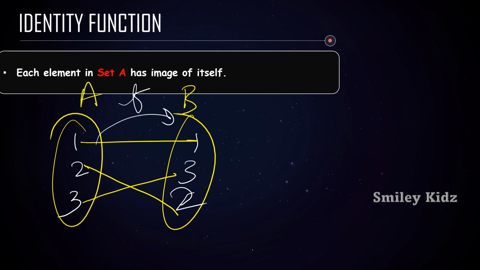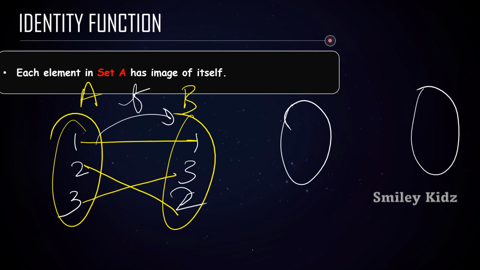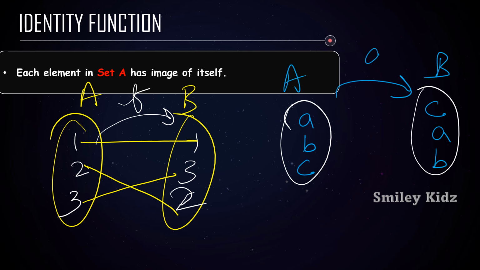Alright. Now let us take another example, making things clear. A, B, C. C, A, B. A, B functions, here I have g. Now, A should get mapped with A, B should get mapped with B, C should get mapped with C. This is what an identity function actually tells us, isn't it? Now, how do you represent these functions?